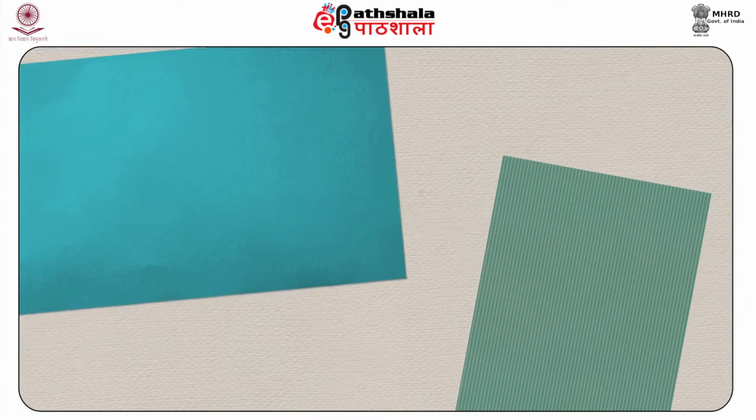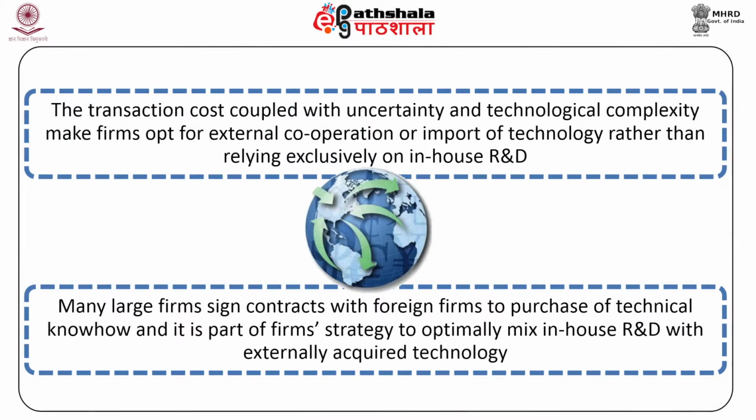Import of technology. In today's dynamic world, firms have to keep pace with fast changing technology of rivals. The transaction cost coupled with uncertainty and technological complexity make firms opt for external cooperation or import of technology rather than relying exclusively on in-house R&D.